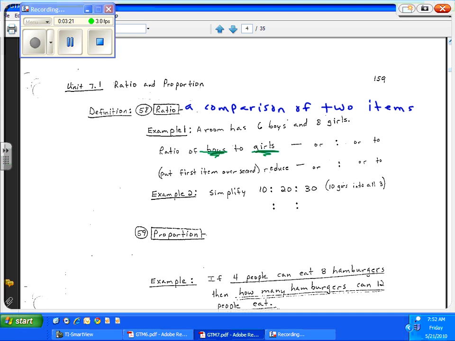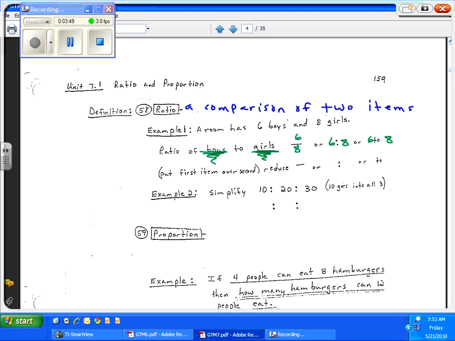So if it says boys to girls, then we would put boys on top if we write it as a fraction, with girls on the bottom, since it said boys first, girls second. Or if we use our colon, we would have 6 to 8. Or if we use the word TO, we would have 6 to 8. So whatever it said first goes first.